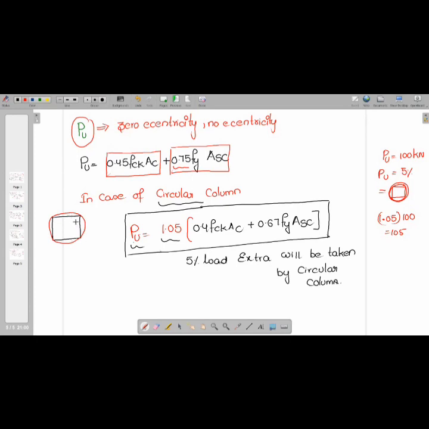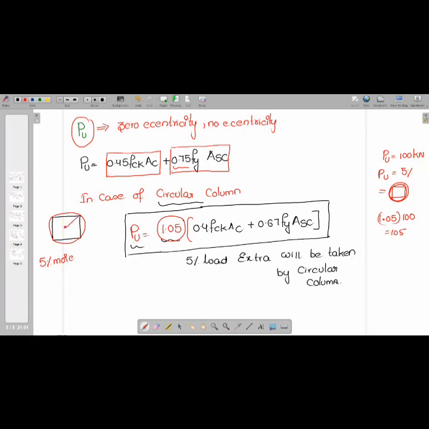We could have taken it as 1.5 times, or 2%. But why do we particularly take it as 1.05 times that of the square column? Why are you taking 5% more, right? Yes, sir.